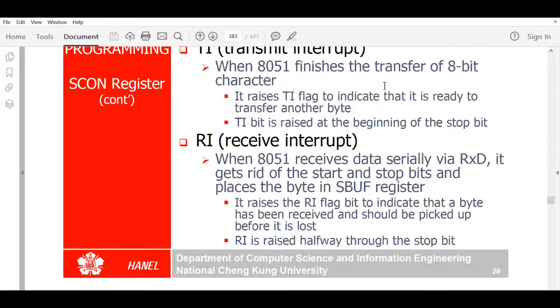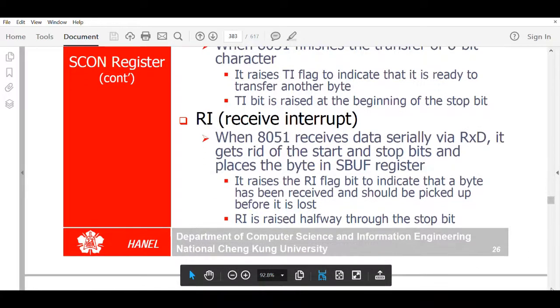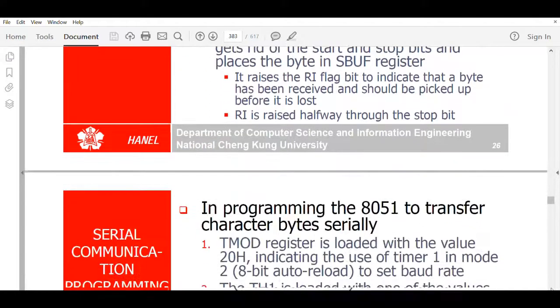Receive interrupt: after receiving the data and deframing it, halfway through the stop bit, RI is made equal to 1. That is, the data has been received and deframed. Now pick up the data before it is lost. In order to inform this, RI is made equal to 1. So SBUF and SCON are the two registers we talked about in detail.